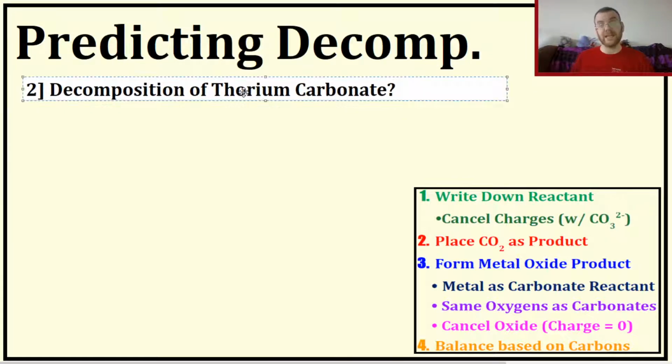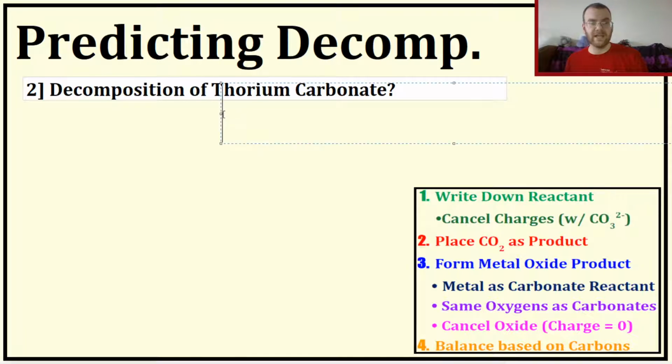Now, thorium is a heavy, often radioactive metal that has a 4 plus charge. So when we're dealing with our charges, which we're basically doing at the beginning when it comes to one of these decompositions, we are dealing with a charge of 4 plus going with a charge of 2 negative.